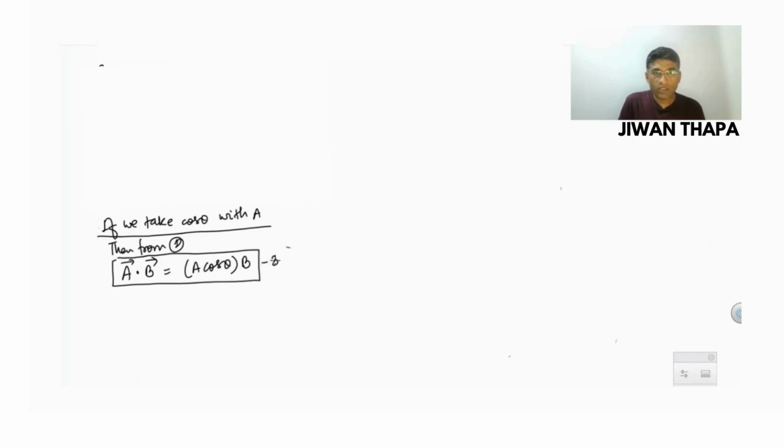Let's call it equation 3. In the previous case, if we take cos theta with b, we had done this, then we can write it in this way. So this was equation 2.